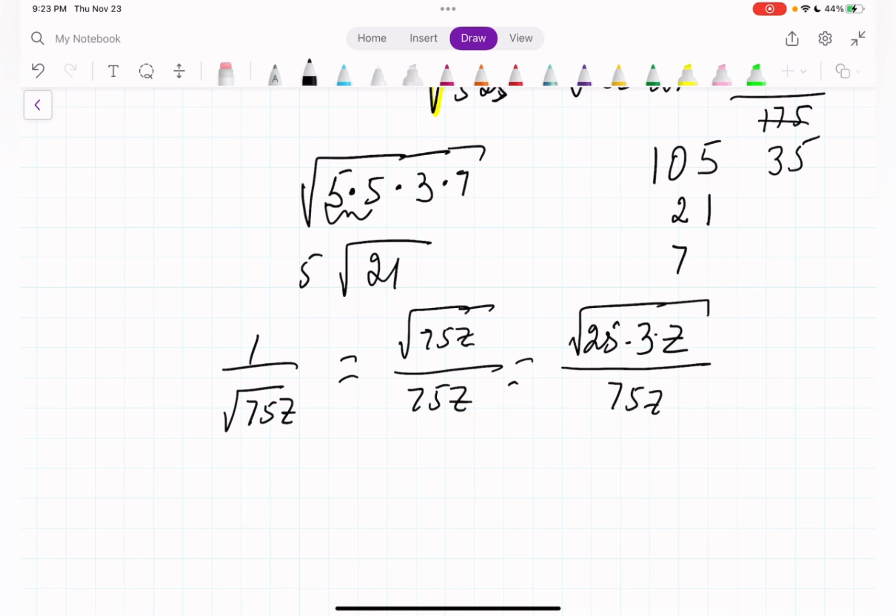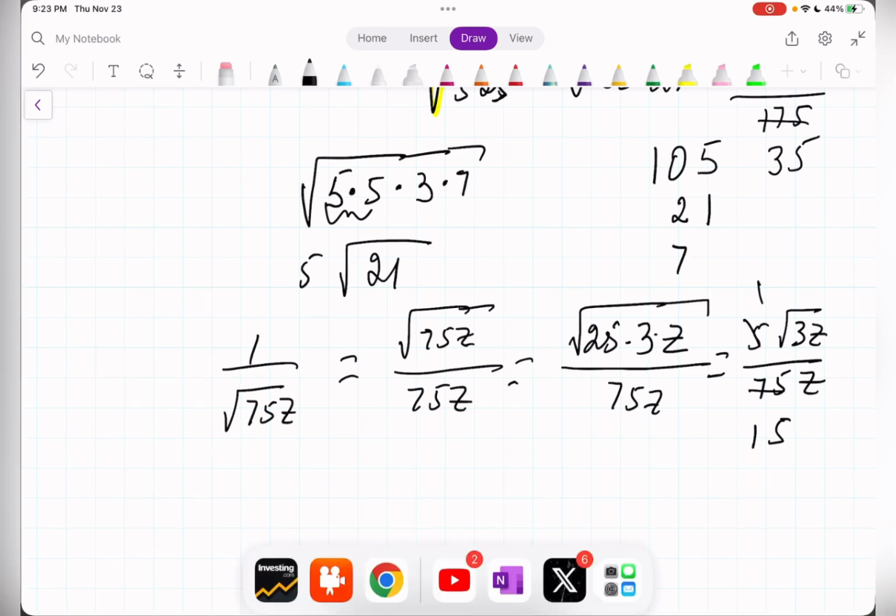So it's going to be 5 square root 3z over 75z. 75 we can divide by 5, giving 15. So we get square root 3z over 15z.